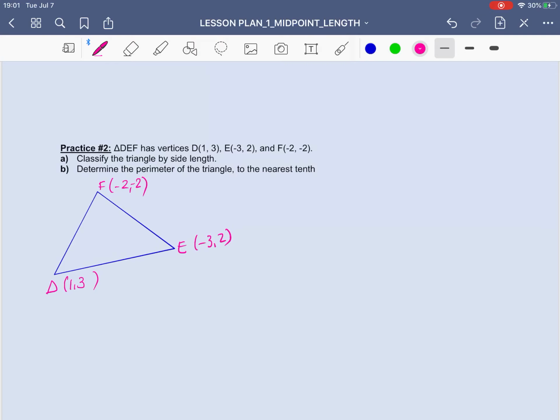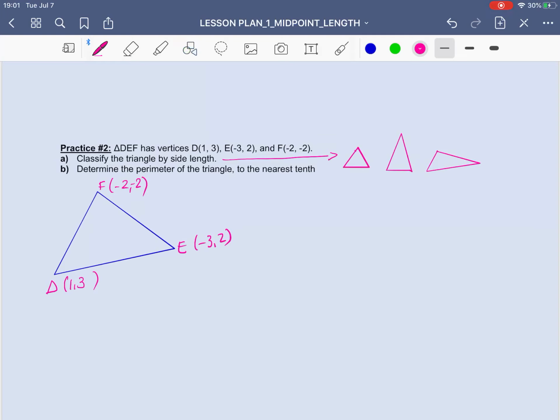And you have to classify the triangle by its length. Now remember that the classification we are talking about here is triangles can have all 3 sides equal. They can have 2 sides equal, or none of the sides equal. All right.